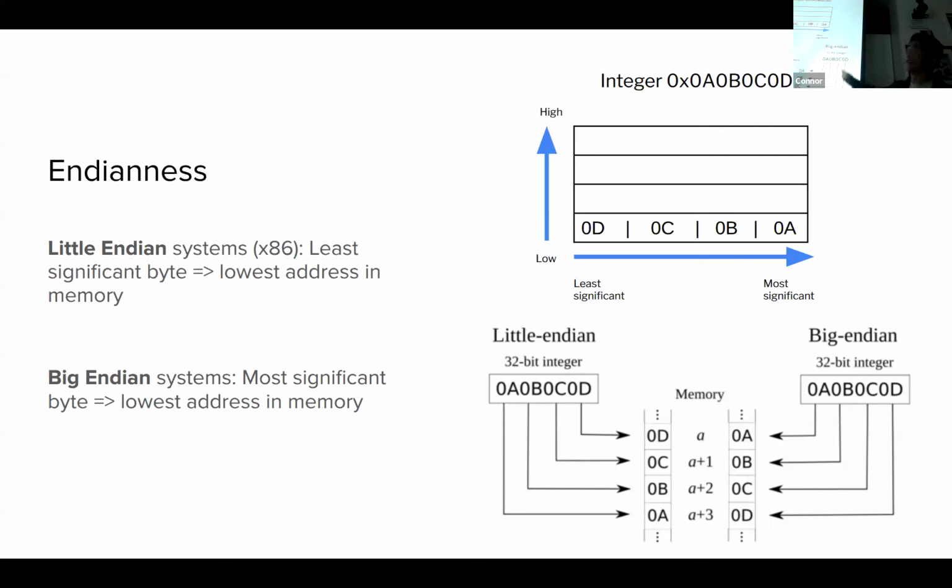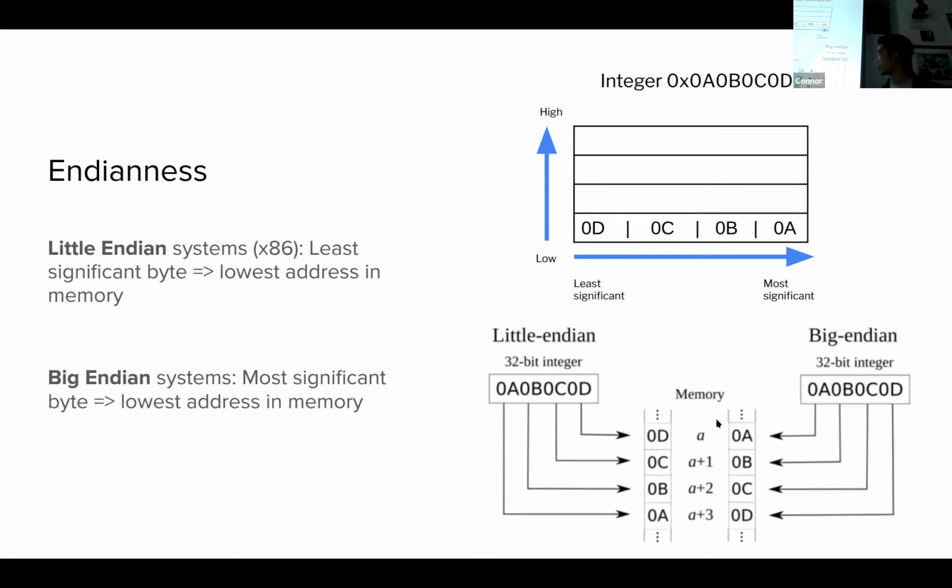For example, if you have an integer 0x0a0b0c0d, it looks like it's reversed because we have the left as the lower address. So the least significant digit, which is 0d, goes in the very left.